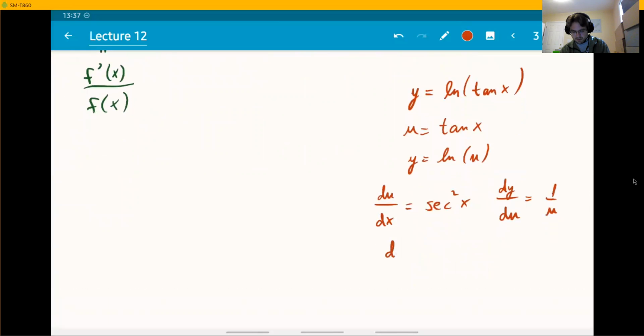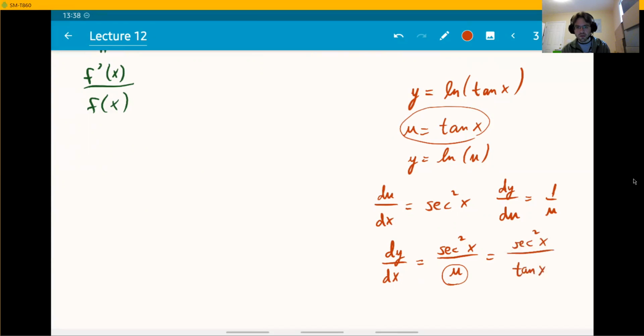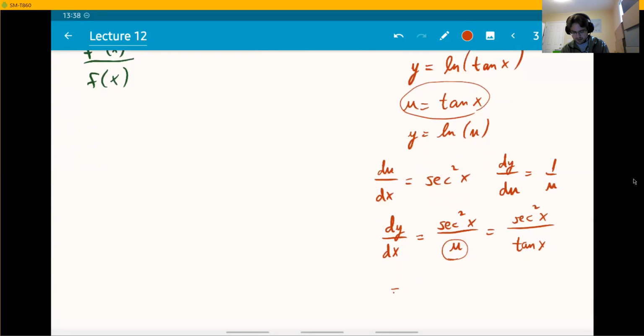So the derivative that you want, which is dy dx, of the original expression with respect to x, is the product of these two, secant x squared over u, which now you have to rewrite in terms of x by substituting tan x instead of u: secant squared over tangent. Which, by the way, we should simplify. This is two trig functions.